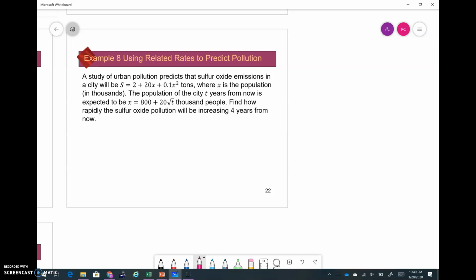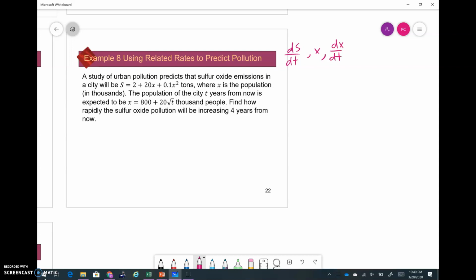So we need to find how rapidly the sulfur oxide pollution will be increasing 4 years from now. So I'm going to take this function, and I need to figure out how fast that population is growing. When I take the derivative, I know I'm going to need a dS over dt, an x, and a dx over dt.